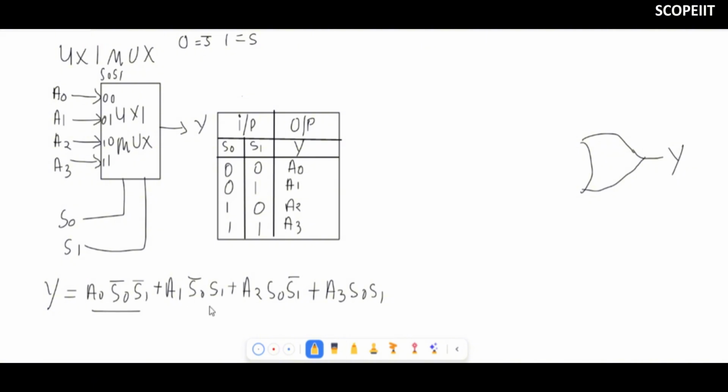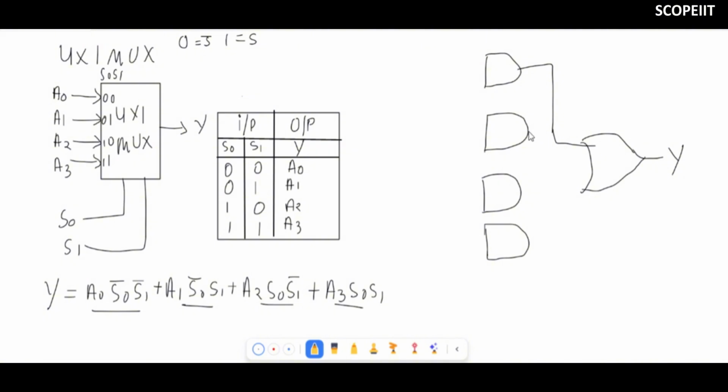So 1, 2, 3 and 4 AND gates are required, right? So here we will draw 4 AND gates, and these 4 AND gate outputs will go to this OR gate, right? So you connect them with the OR gate.